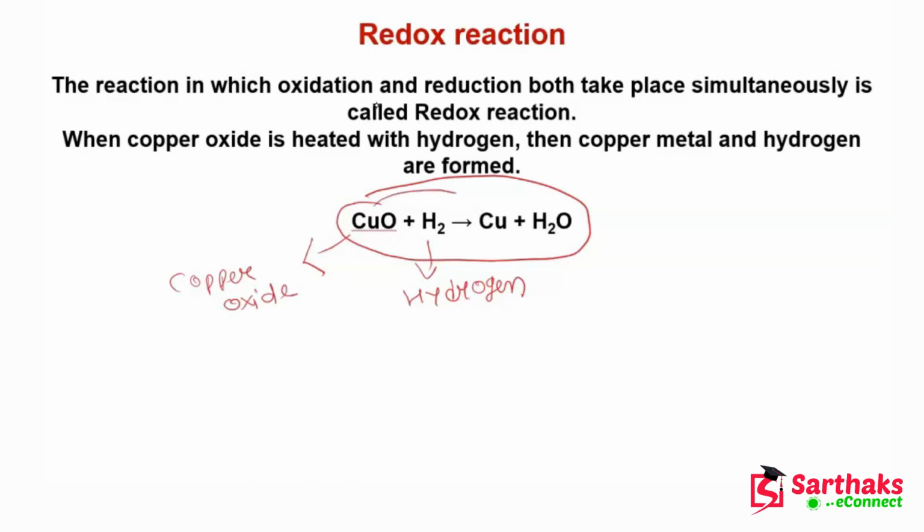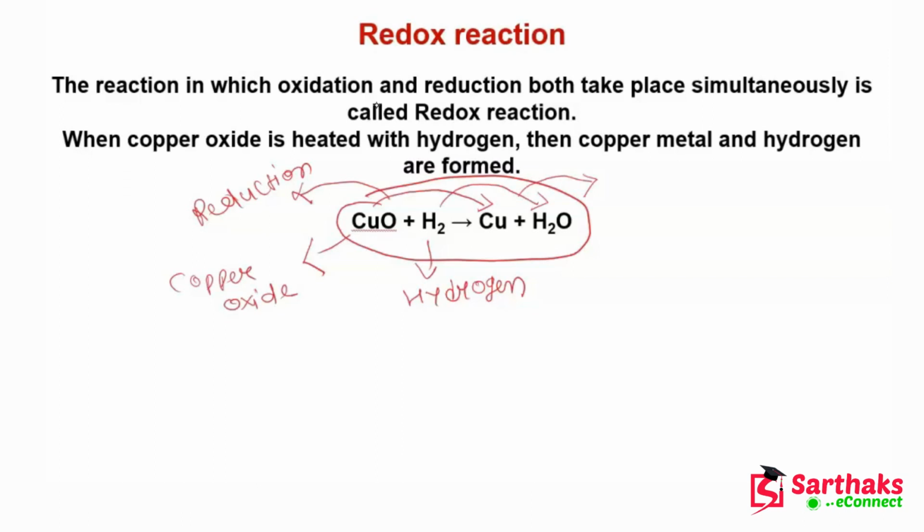You can see that two things are happening here. There is a removal of oxygen, and what do we call removal of oxygen? We will call it reduction. And you can also see that there is an addition of oxygen, and oxygen is added into the hydrogen.